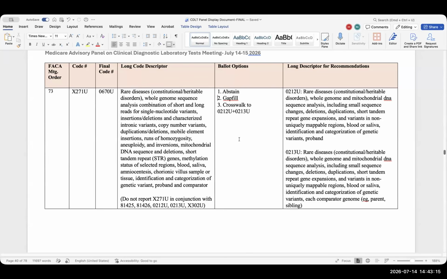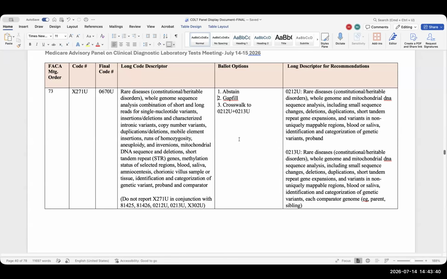For this one, we did not submit a recommendation because we wanted to submit a gap fill to represent the two sequencing methodologies. The combination of 0212U and 0213U is actually more relevant for X250U, which is whole genome short reads analysis for proband and comparator.